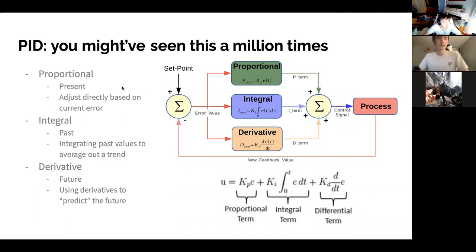Proportional is the present time. It will adjust the output based on its current error. Integral is a memory, so it's a sum of all past values, and it integrates over past values to find a past trend, and then uses that to also adjust the current output.